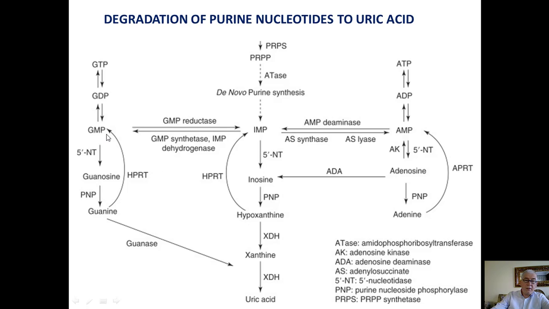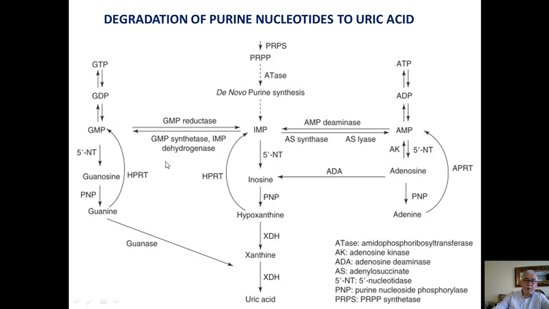Another way, GMP, guanosine monophosphate, can be used as substrate for 5' NT, and it turns to guanosine, releasing one phosphate group. Guanosine goes to guanine, then xanthine and uric acid.